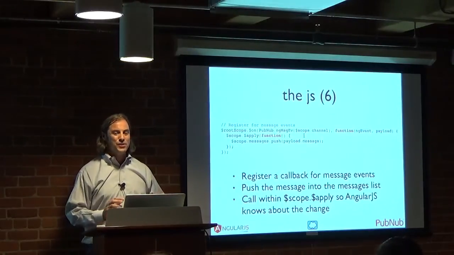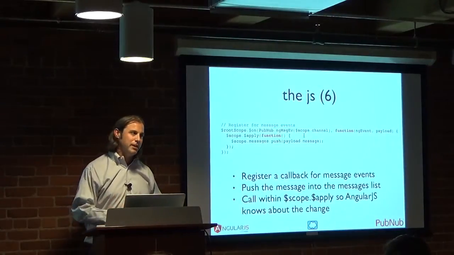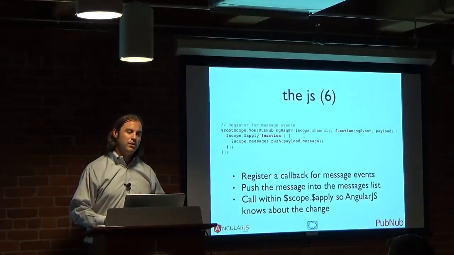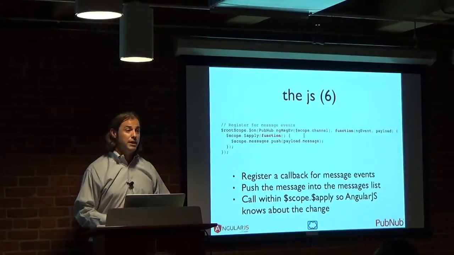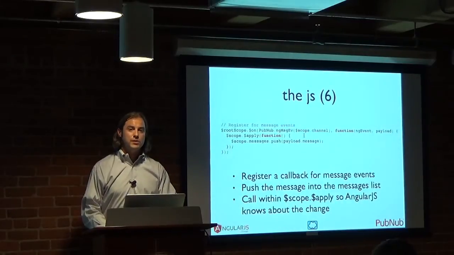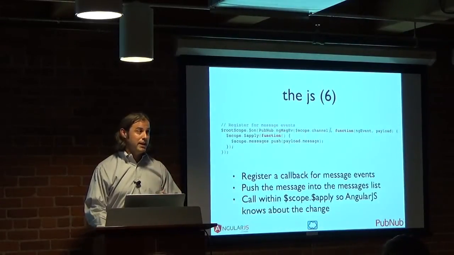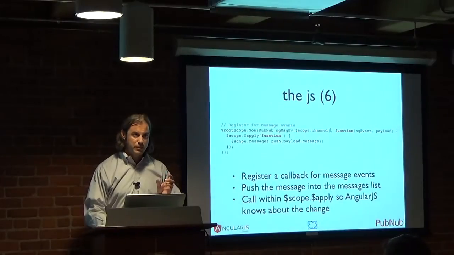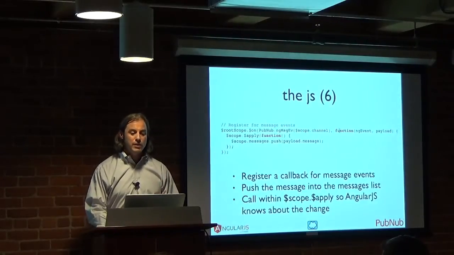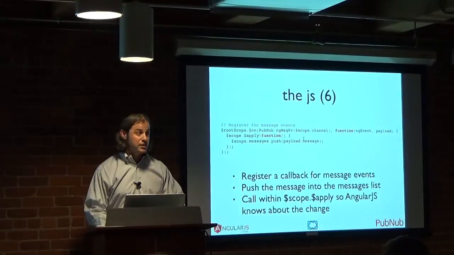Okay, and so this may be counter to the directive philosophy. This is more of an event-based model. So here, we're using Angular's event propagation system. So we put an event watcher on. So we use $rootScope.$on. And then the name of the event is given by this helper function. So we take the channel, turn it into an event name. So that's just doing some string concatenation with a prefix so it doesn't collide with anything. And then we have a callback function. And within that, we are pushing the new message onto the messages array.